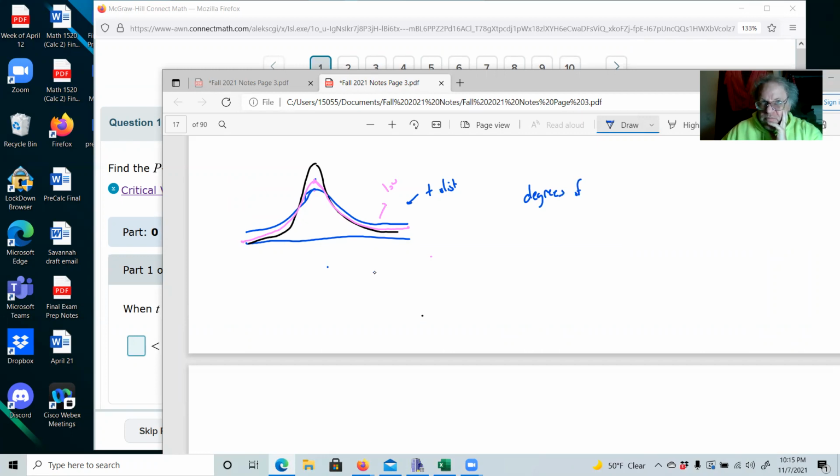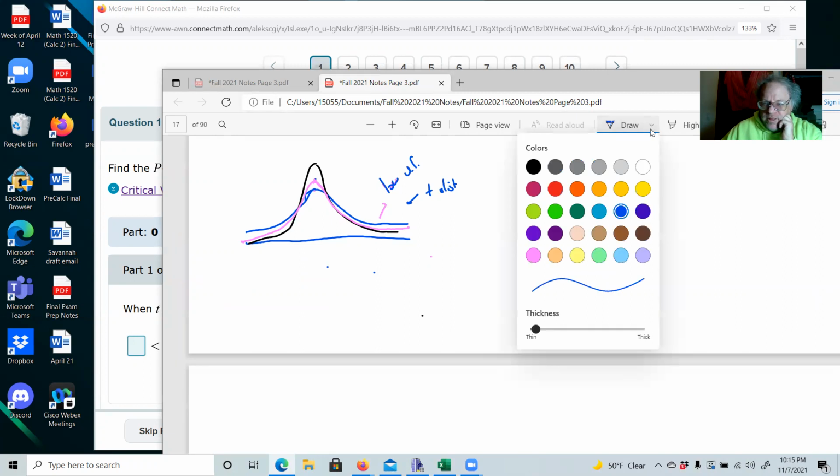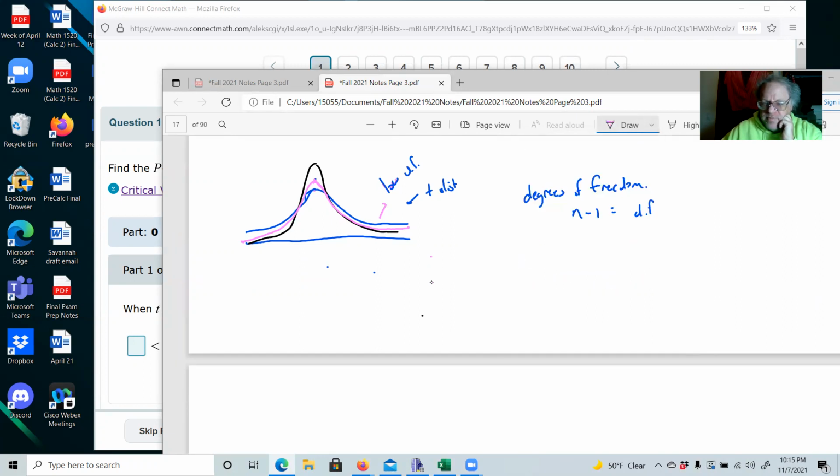Maybe when we get to chapter 11 we will not have degrees of freedom this way, but degrees of freedom is going to be n minus 1, which is our df. So the blue one would be a low degrees of freedom, whereas the pink one would be a little bit higher.